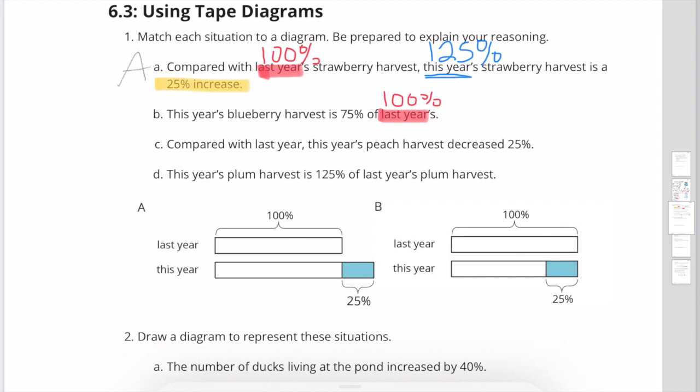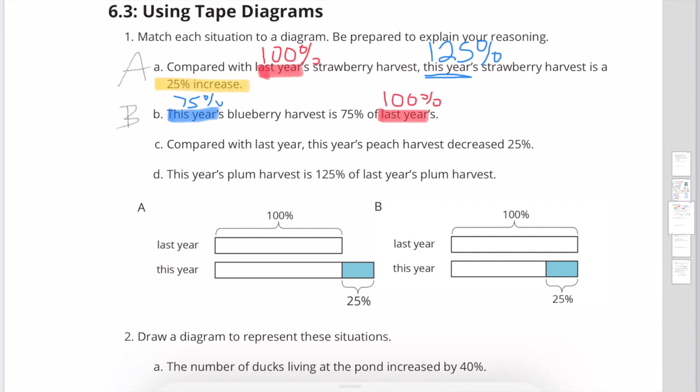So would that be more or less? It would be less, and it's what percent less? 25% less. So that means this year should only show 75%. So that would be diagram B.